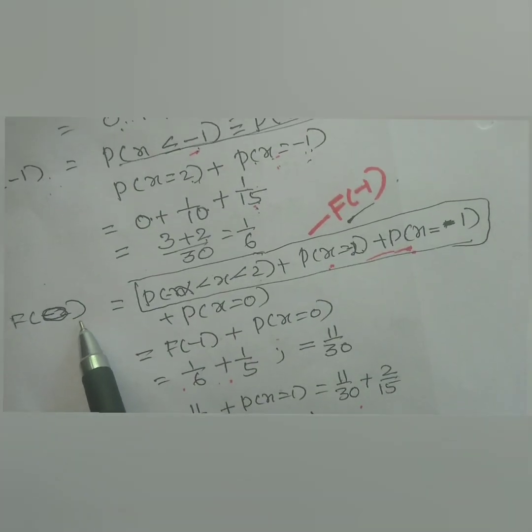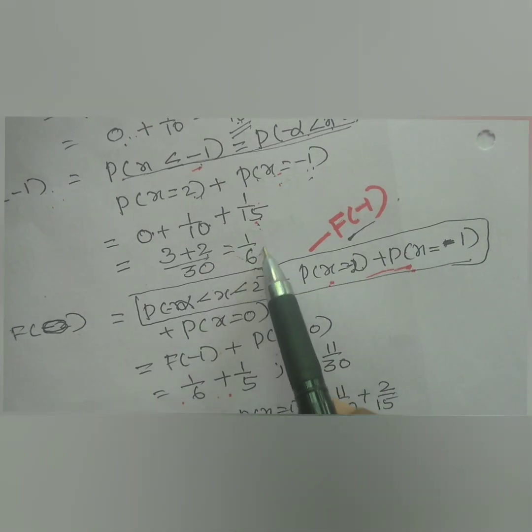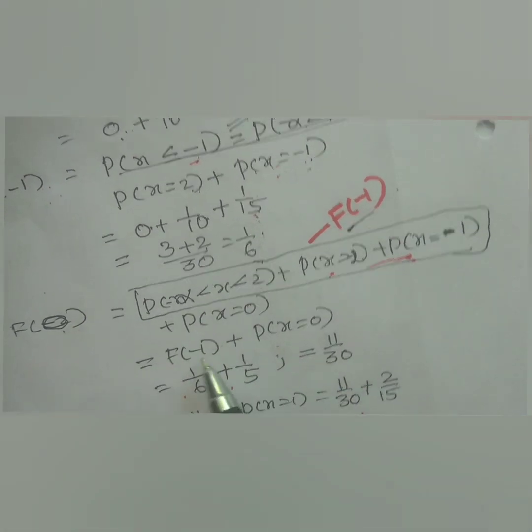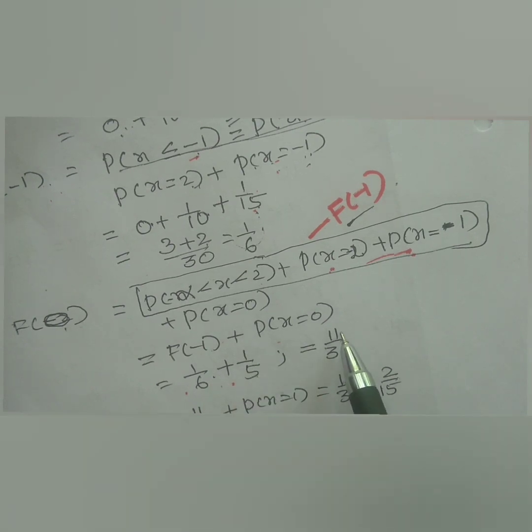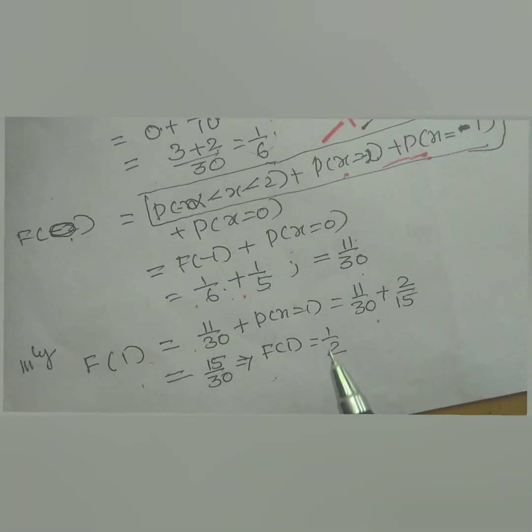Next, f of 0. So you take this value plus probability of x is equal to 0. That is equal to what? 1 by 6 plus 1 by 5 is equal to 11 by 30. So what is the next one?